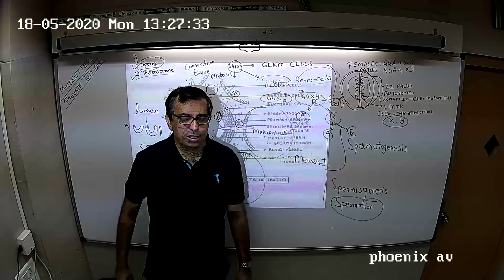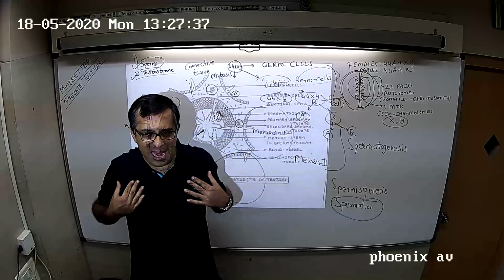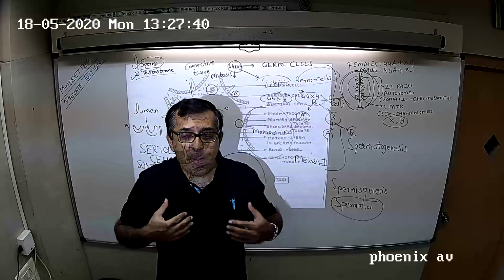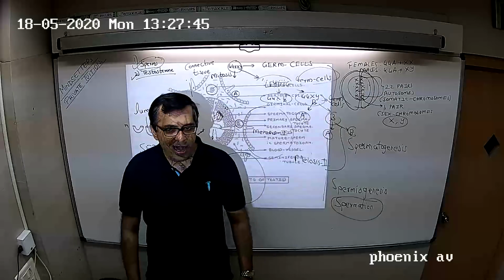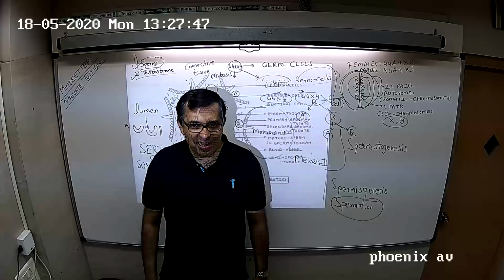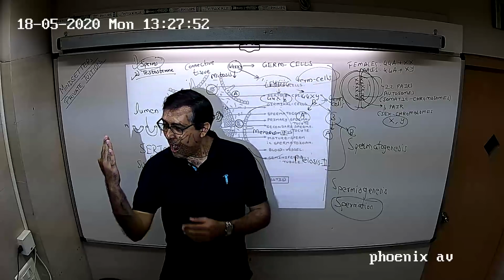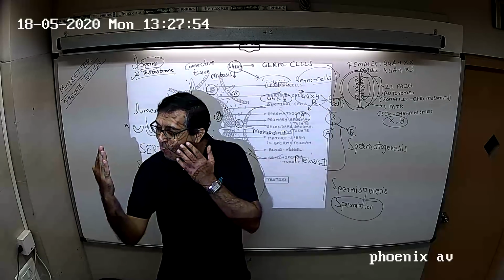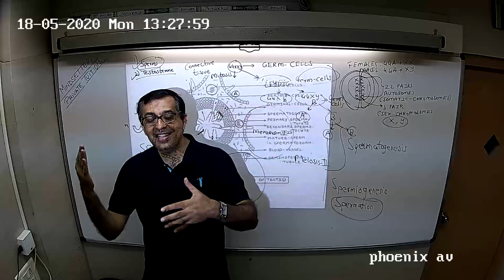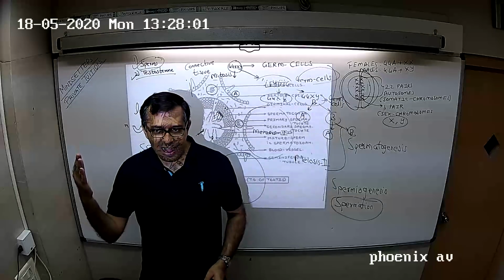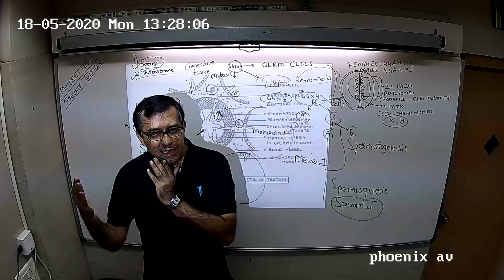And what will testosterone do? Testosterone will go from the testis into the male body, and it will produce lots of changes in the male body. First of all, at the age of 12-14 years, do you boys remember you saw yourself in the mirror and a little hair had started to come, and slowly as testosterone increased, you got a proper mustache and you will have a beard.